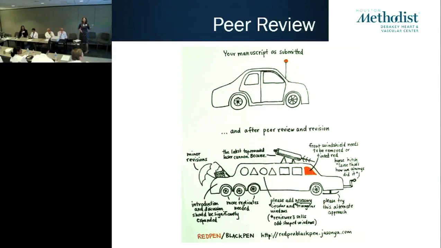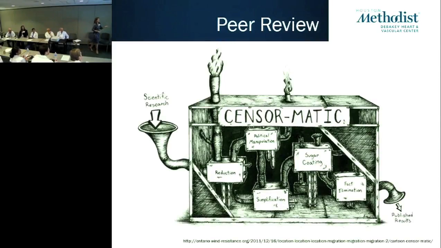So that's how authors often feel when they look at the peer review comments and they say, are you serious? You want me to do this to my manuscript? And here's an even darker view of the peer review process, the Censor-matic, where you put in your scientific research and you have reduction, political manipulation, simplification, sugarcoating, and fact elimination, and then out the end is the published results.